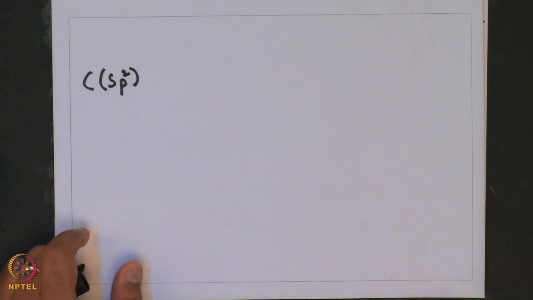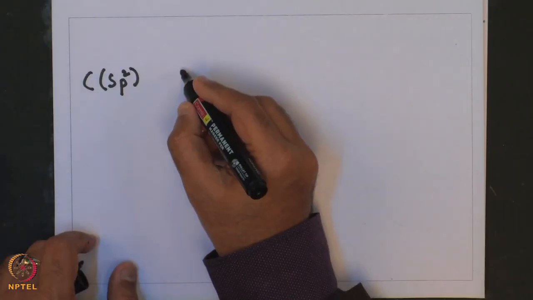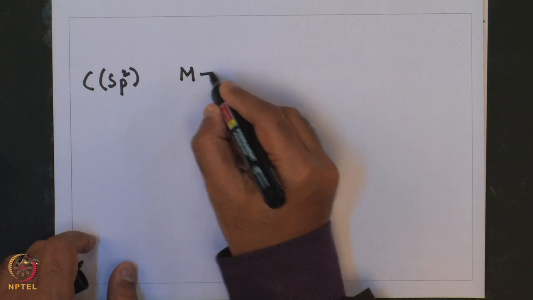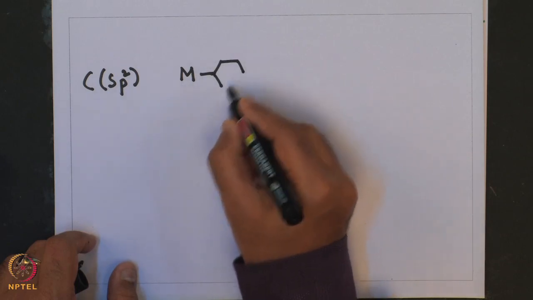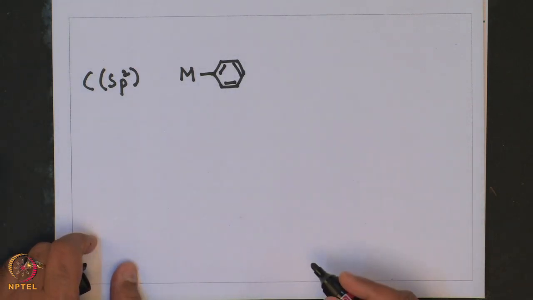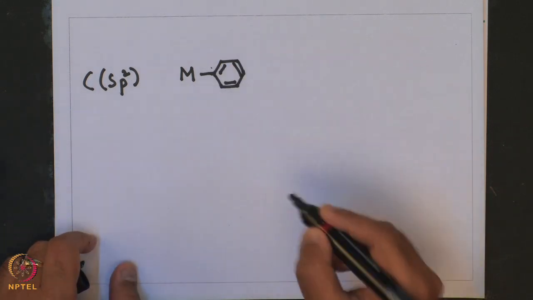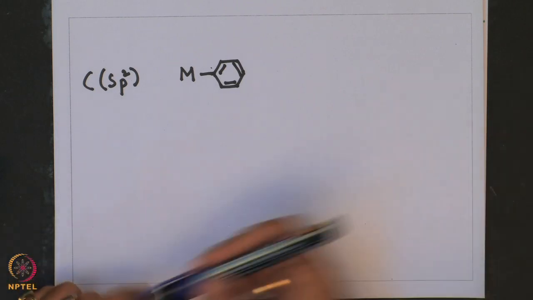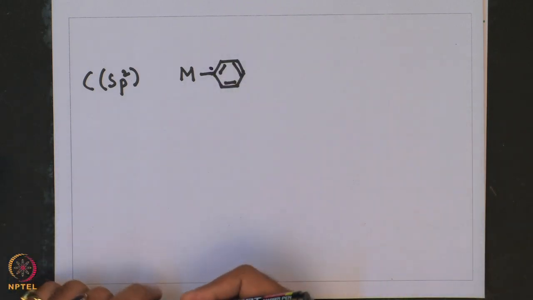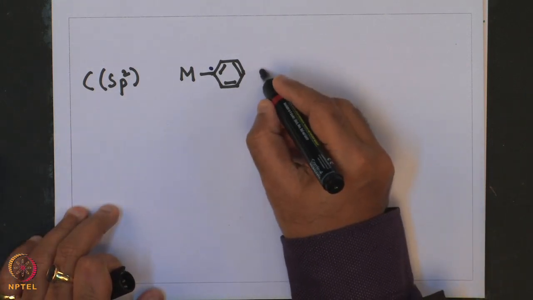Like the sp3 center, sp2 also has a rich type of binding, which can be as metal bound to an aryl group, where the center is an sp2 carbon binding to the metal, and these are called aryl.